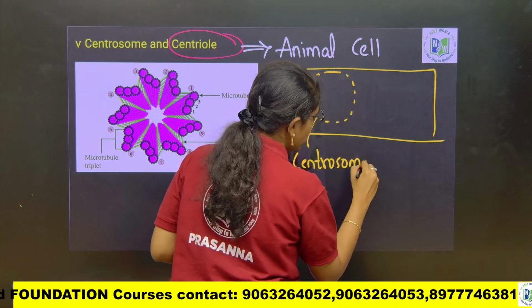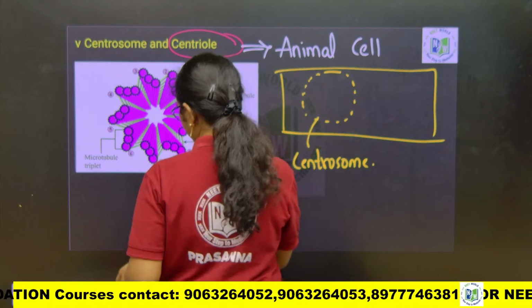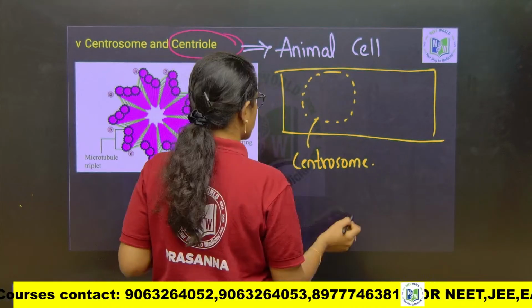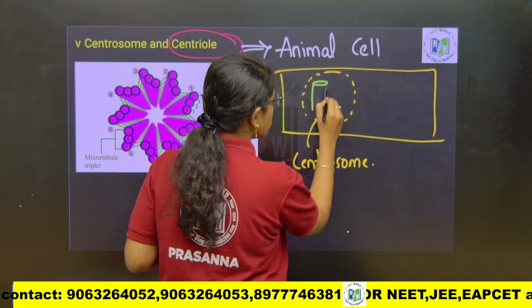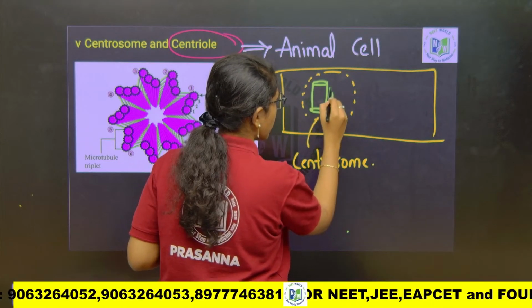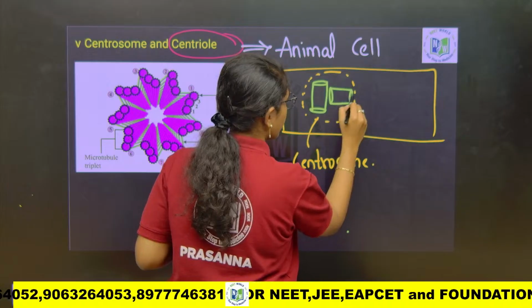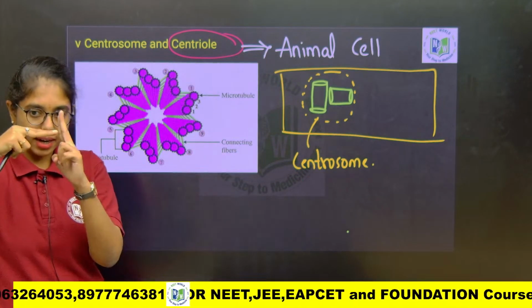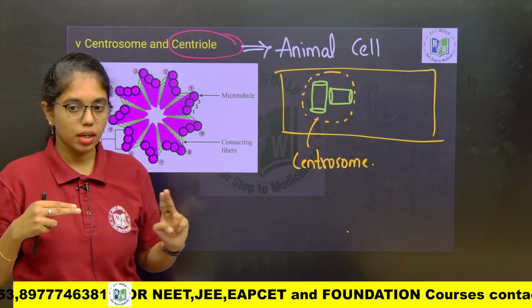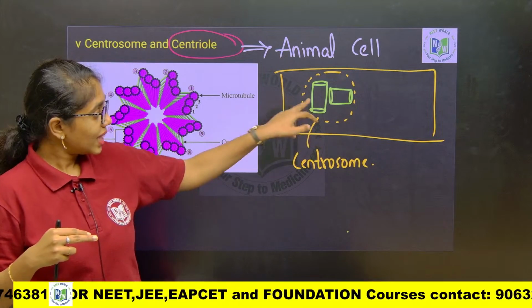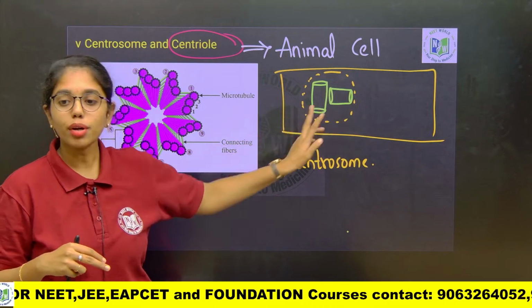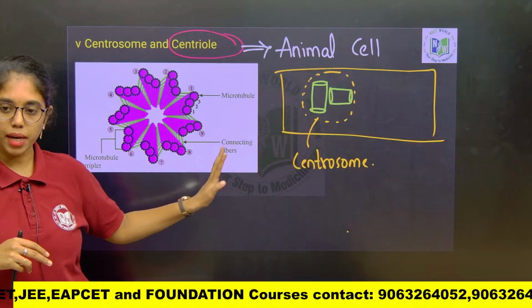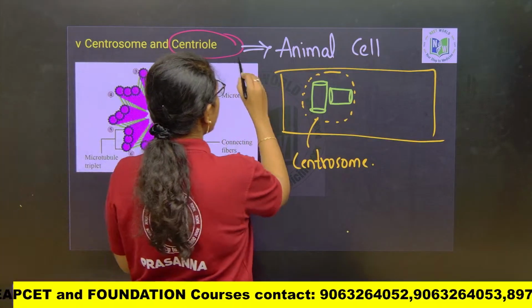As two perpendicular structures like this. Two centrioles are arranged perpendicular to each other inside the centrosome. These are non-membrane bound organelles, unique only to the animal cell.